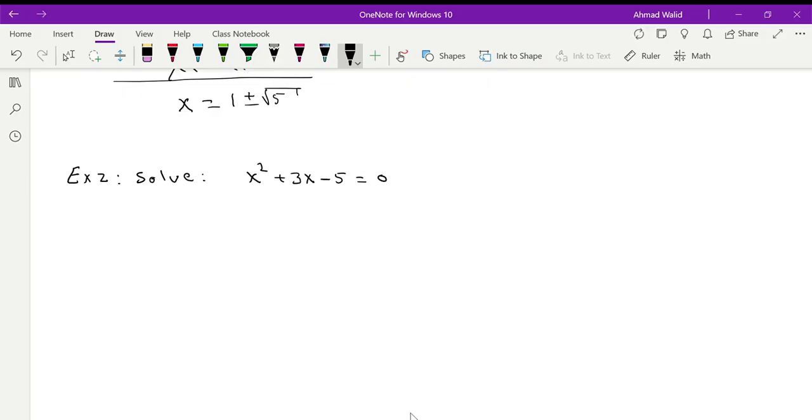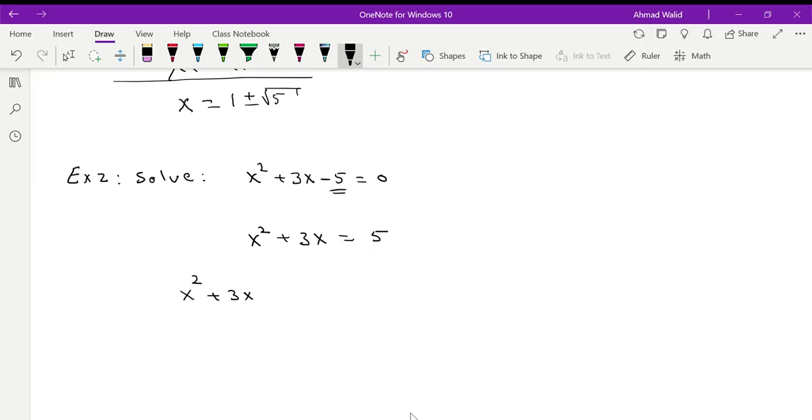First, I'll move my constant term to the right. X squared plus 3x equals positive 5. Now, I'll write my first term. I'll write my second term. I'll take the half of b, or the half of the coefficient of x.